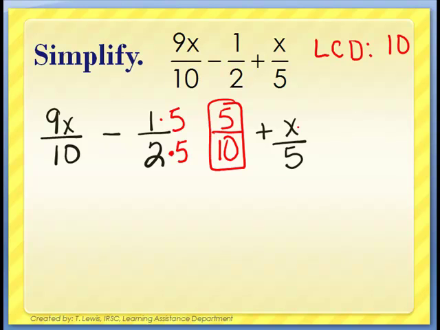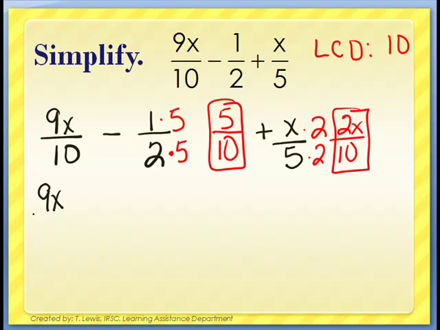The third fraction, x over 5, we have to convert that into tenths. And we will have to multiply x over 5 by 2. 2 times x is 2x. So now all three fractions, you have a common denominator.